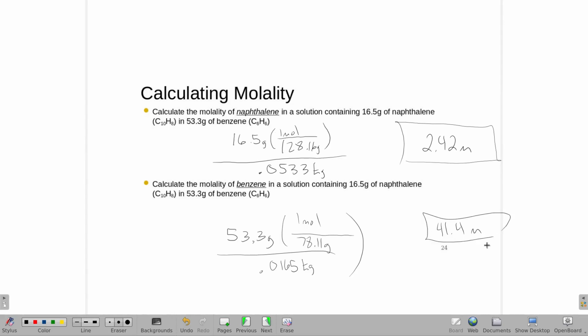Perfectly understandable for it to be that high, because the solute is a huge amount compared to the solvent, 53 grams compared to 16 grams. But we're just doing this to show you that the solute and solvent are no longer defined by the amounts. They're defined by how we ask the question.